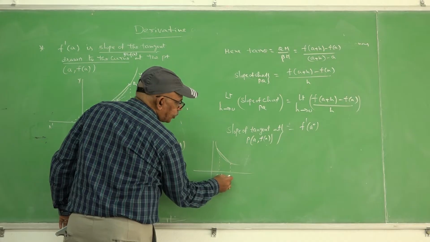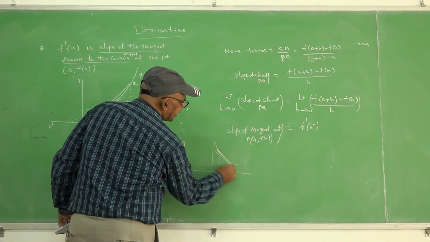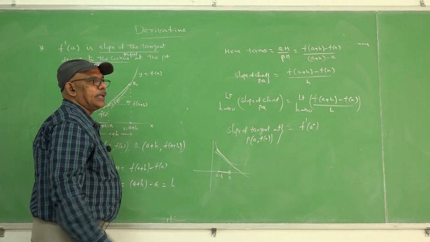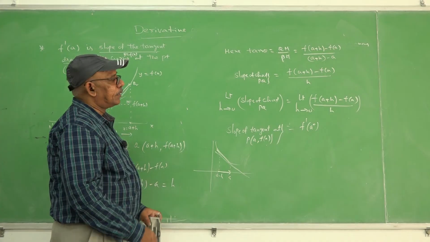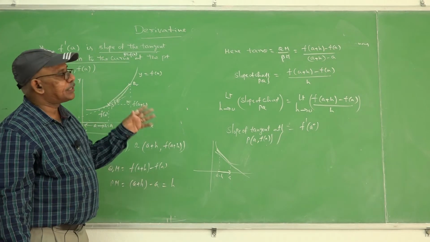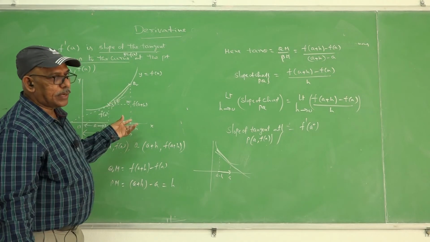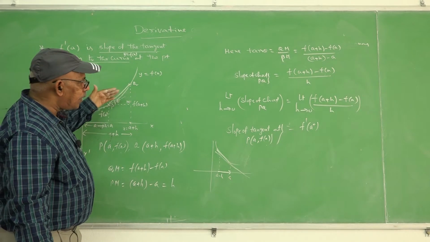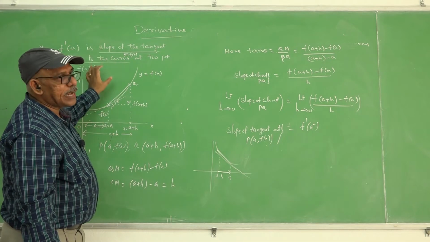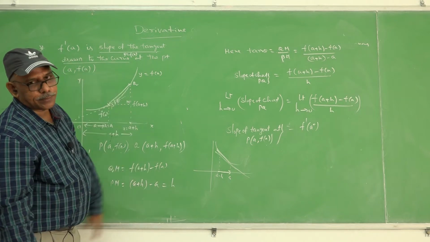As h goes to 0, it nears this point and this chord becomes tangent at that point, whose slope is given by f dash of a minus. So, once the derivative exists, either right derivative or left derivative, and both are equal, then that derivative of the function certainly gives us the slope of the tangent of the curve at that particular point x equal to a.